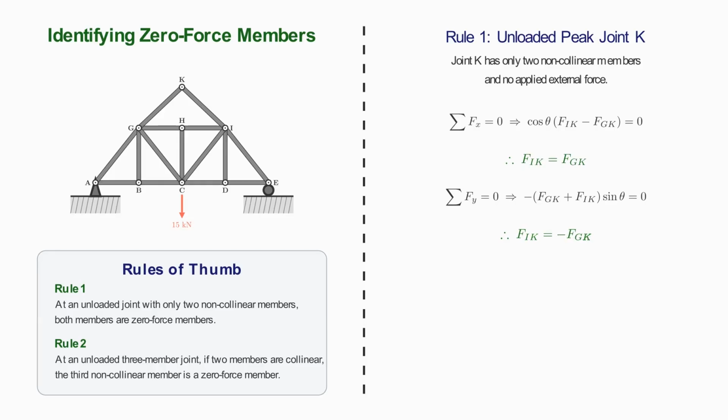So horizontal equilibrium tells us that the forces must be equal, while vertical equilibrium tells us they must be equal and opposite. The only values that satisfy both conditions are zero. Therefore, GK and IK are zero force members under the idealized loading shown.